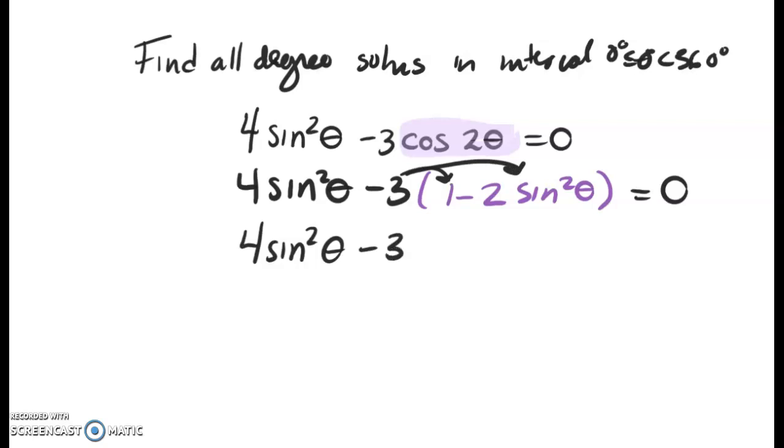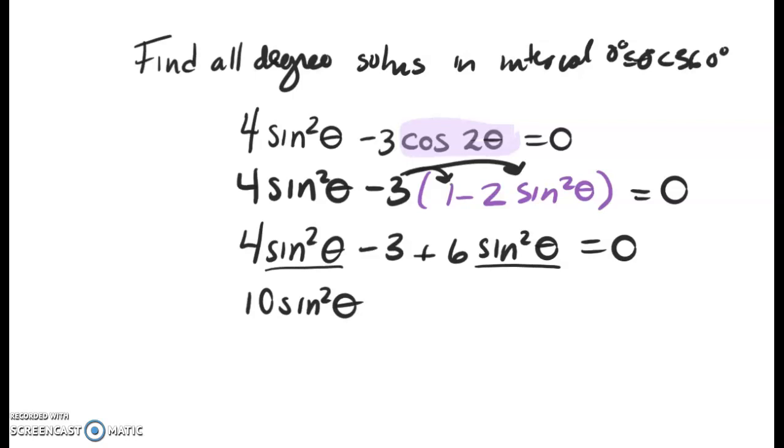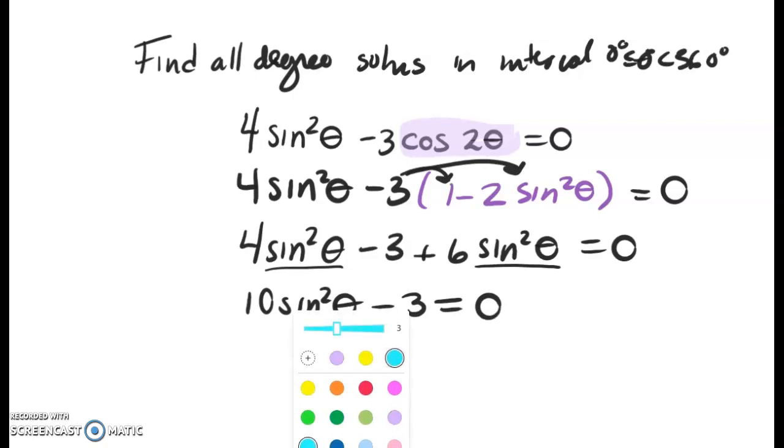So I have minus 3, 3 times 1, negative 3. The negative times the negative here will give me a positive, and then I'll have 6 sine squared theta is equal to 0. Now I can combine these two. These are like terms. They have coefficients of 4 and 6 on them, so combining them gives me 10 sine squared theta minus 3 is equal to 0.